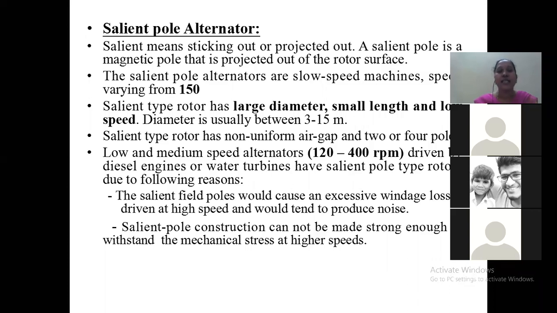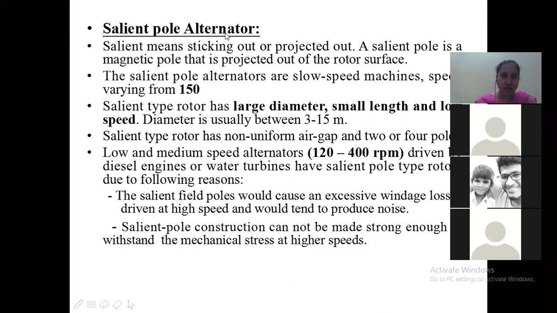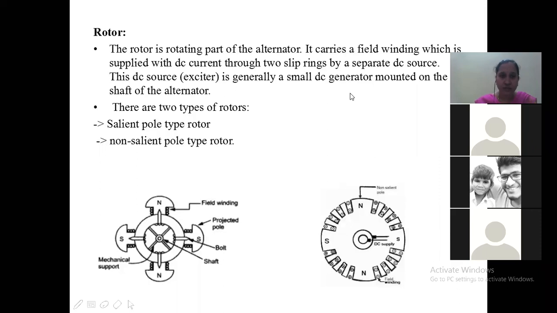Next. Salient type rotor has non-uniform air gap. Yes, you can see in the previous slide that we have a non-uniform air gap. Around this only our stator is going to be there, right?